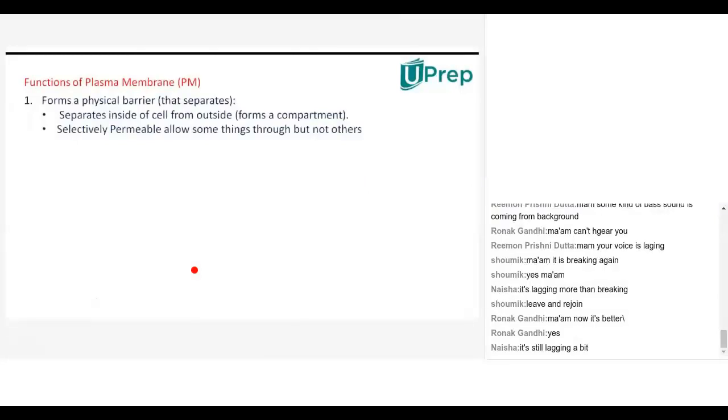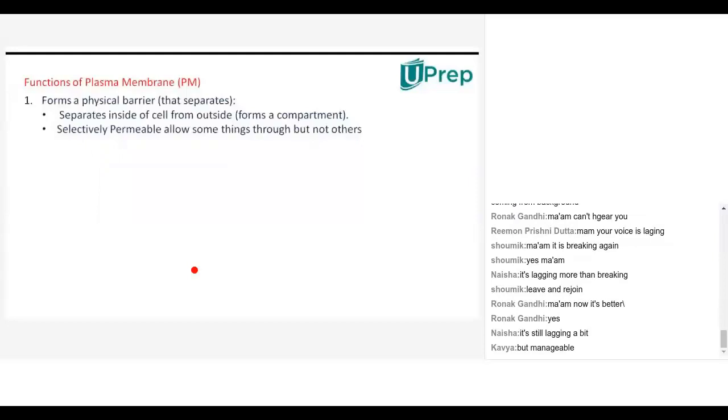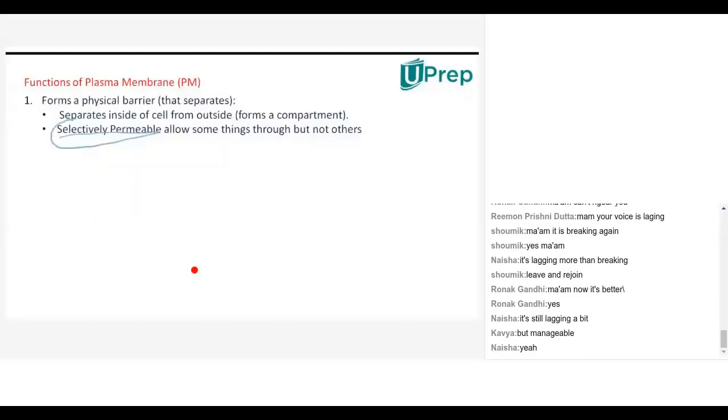See, here, the word selectively permeable carries importance for the plasma membrane. Let me explain.